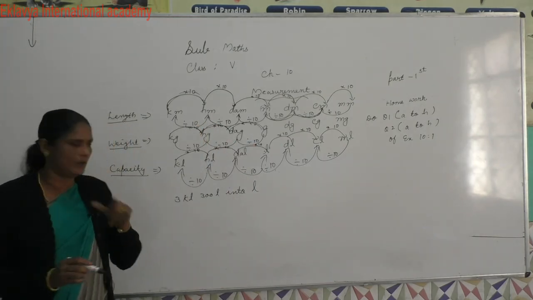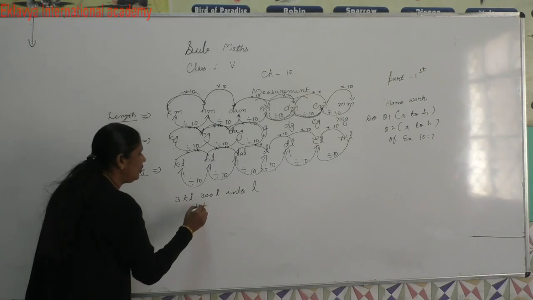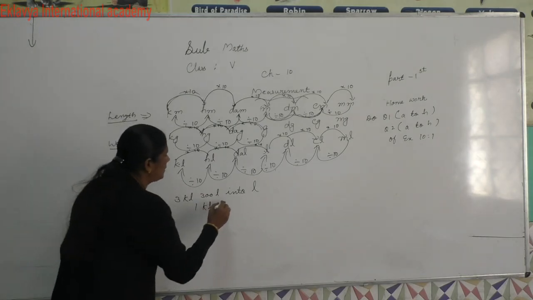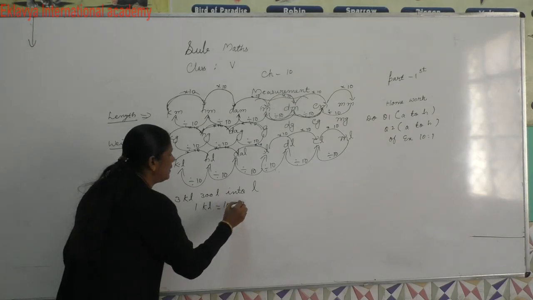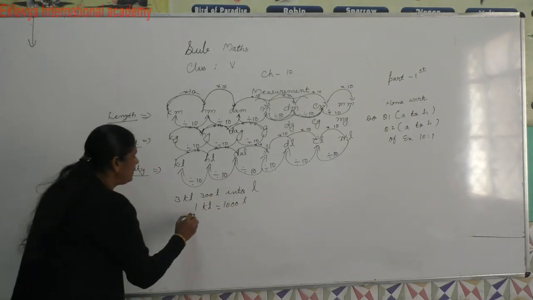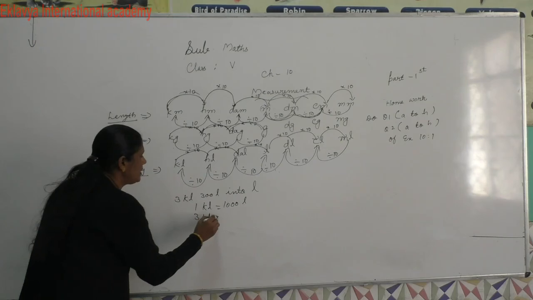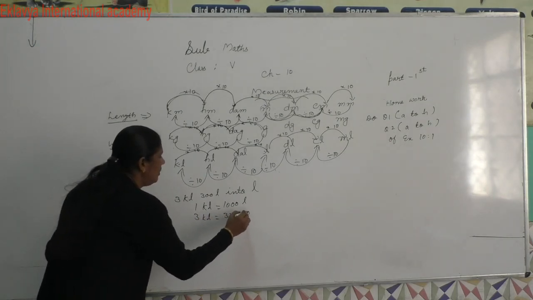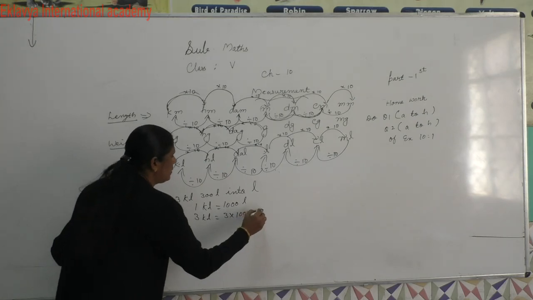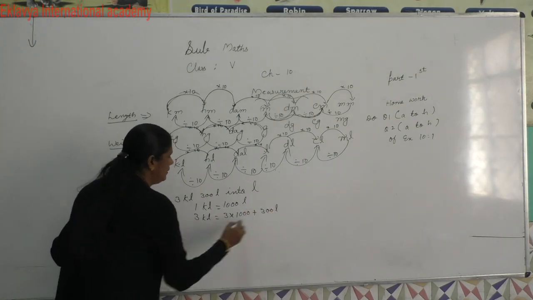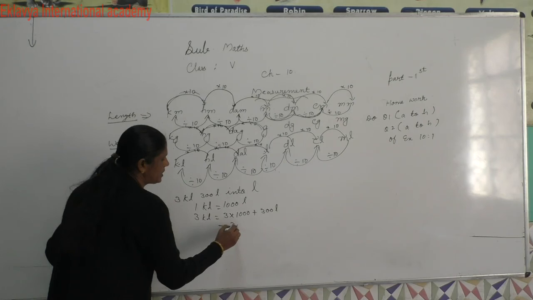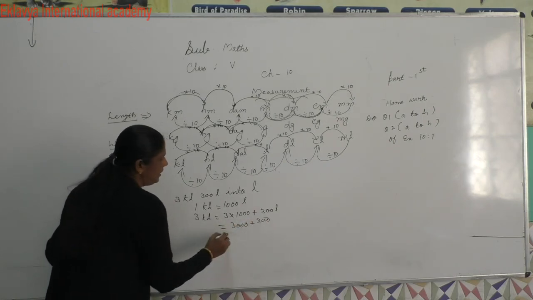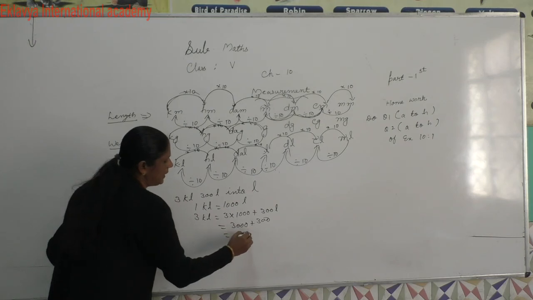Multiply by 1000. 1 kiloliter is equal to 1000 liter. We have 3 kiloliter 300 liter, is equal to 3 into 1000 plus 300 liter. That is 3000 plus 300 is equal to 3300 liter.